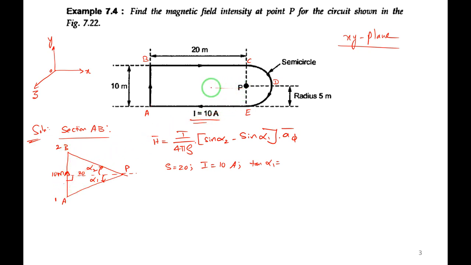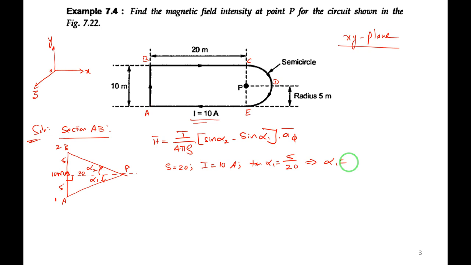We are drawing the perpendicular line, so this is 5 meters, this is 5. Opposite by adjacent, so adjacent is 20. 5 by 20. Okay, we will calculate alpha 1. How much will you get? Tan inverse of 5 by 20.